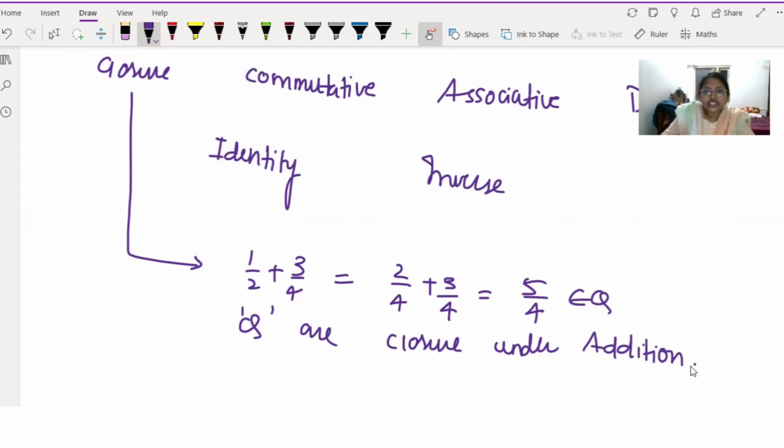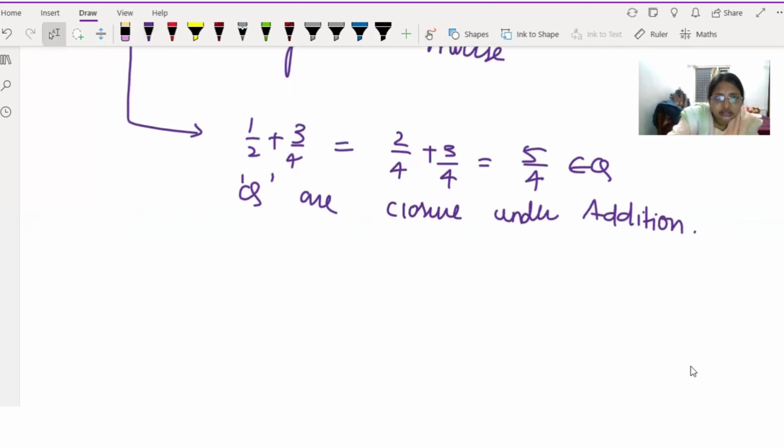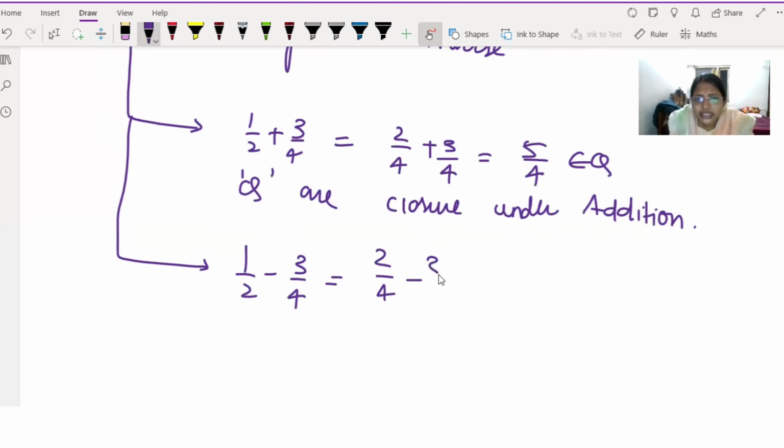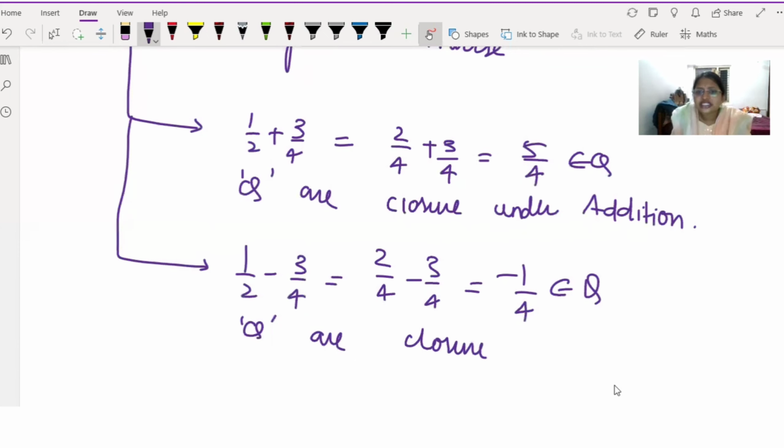Let us check this closure property for subtraction. I am taking the same kind of numbers and checking for subtraction. LCM is 4, convert into same denominators, and it becomes minus 1 by 4, right? So it is a rational number. So rational numbers are closed under subtraction. When two rational numbers are subtracted, we obtain rational numbers only.